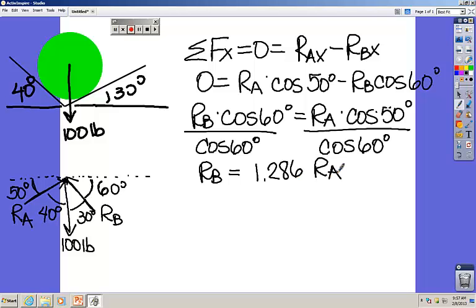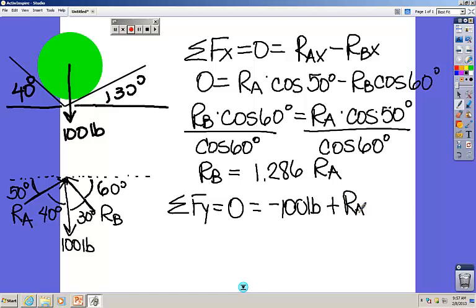Alright, so now I need to write my next equation, and that's going to be the sum of the forces in the y direction. So we write the sum of the forces y is equal to 0, and what are our y direction forces? We have RAY in a positive direction. We have negative 100 acting down, that's the weight of the cylinder, and we have RBY also acting in a positive direction.